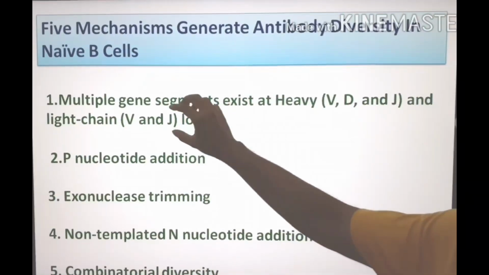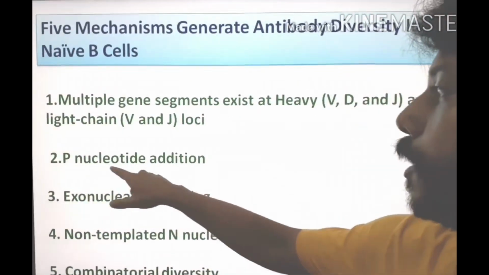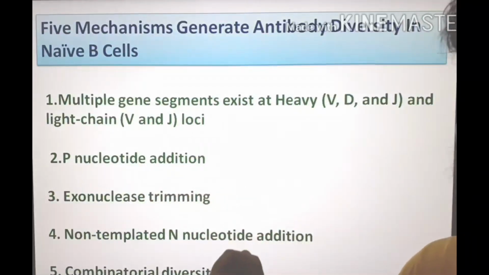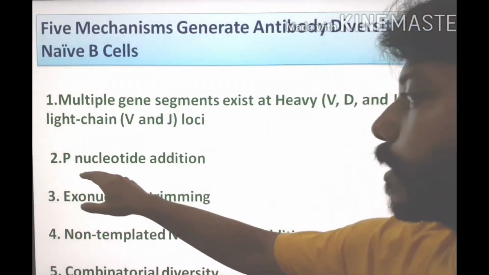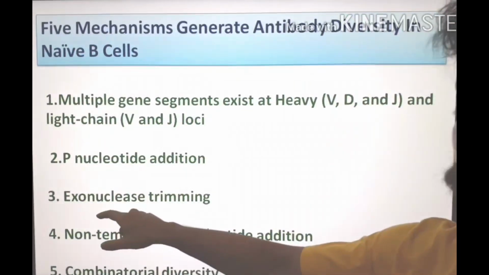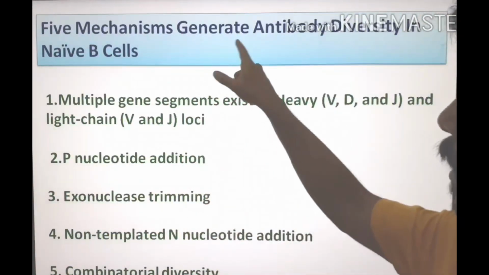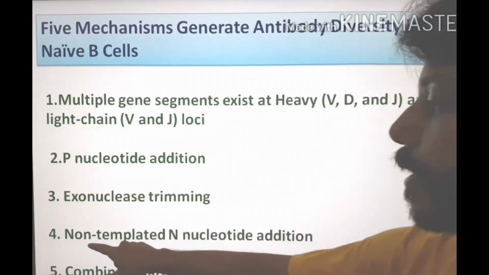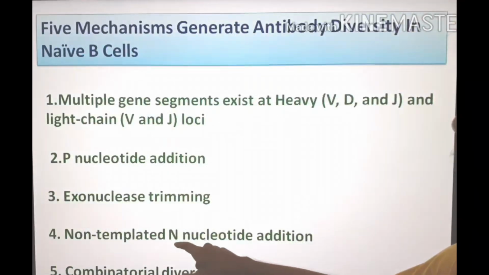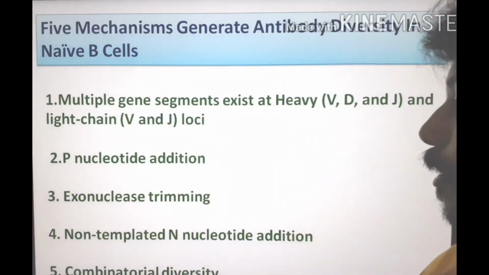These gene segments are present in many numbers. Then the addition of P-nucleotides. When Artemis generates P-nucleotides, meaning palindromic nucleotides, it adds another diversity in the gene segment. And there is another function called exonuclease trimming. This is the third reason for the generation of diversity. Then the non-template N-nucleotide addition by the TdT enzyme. And the last is combinatorial diversity.